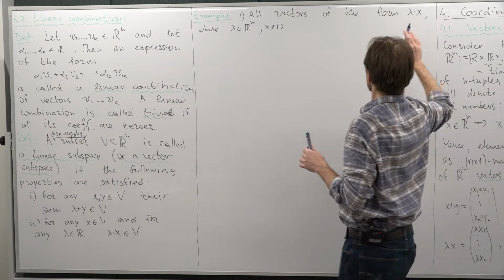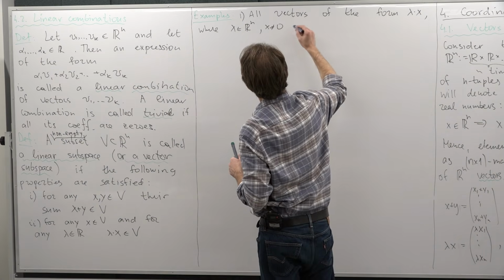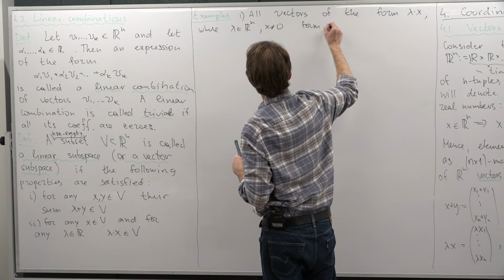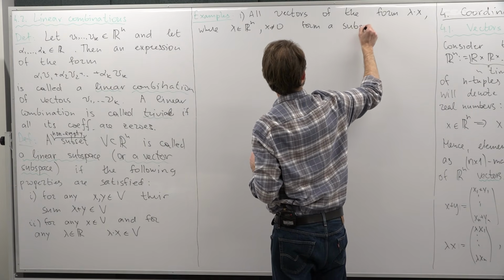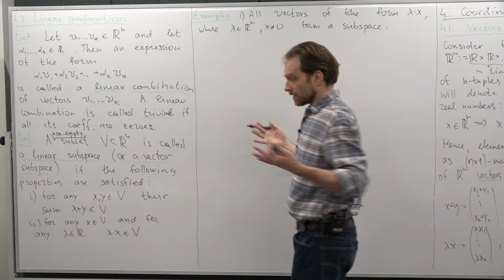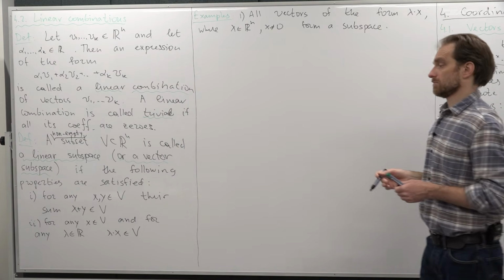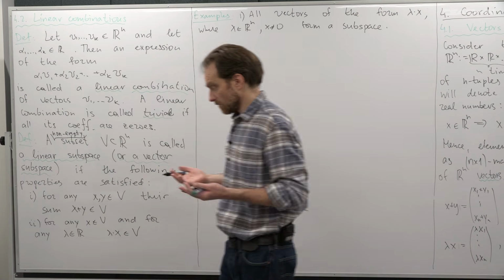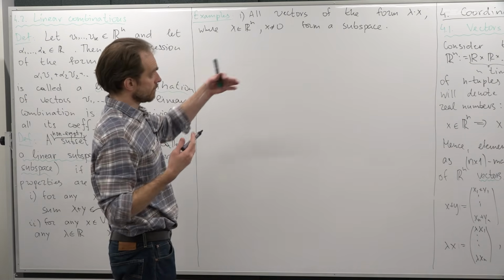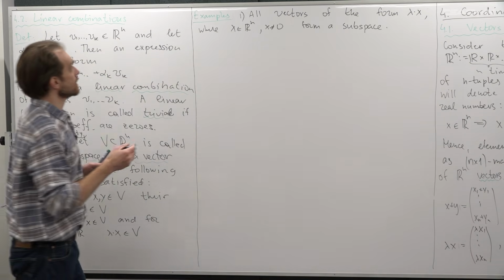So all vectors of this form form a subspace, just because we can add them, and so they will still have this form, and we can multiply them by scalars.